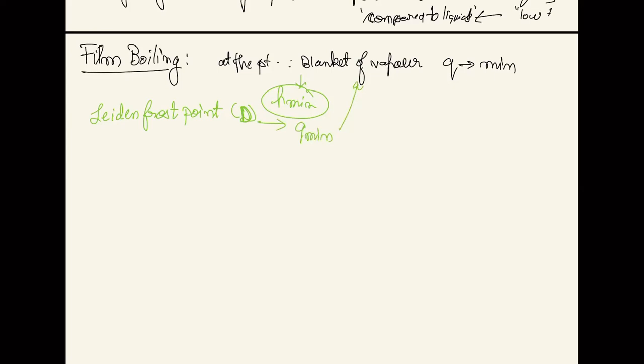Okay, is this clear, or are there some doubts? Okay, so Leidenfrost is a single scientist.